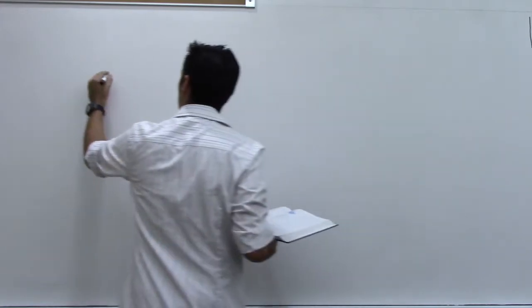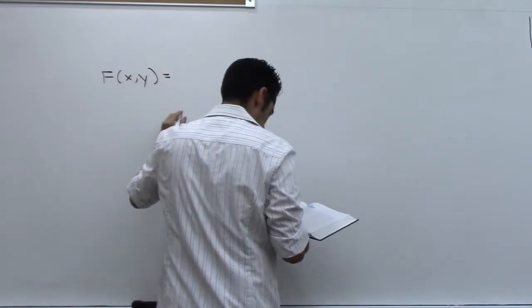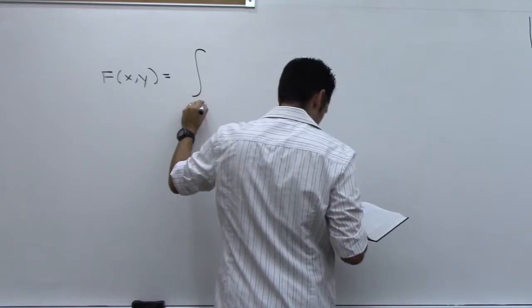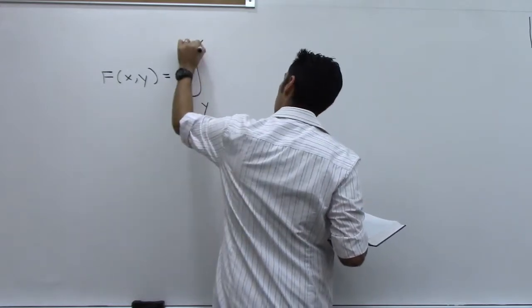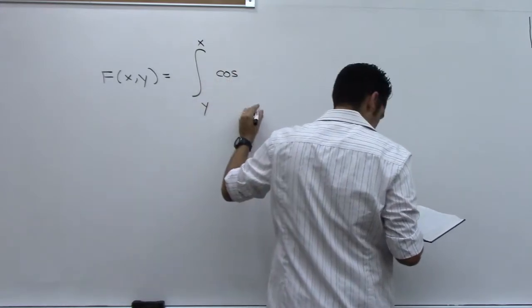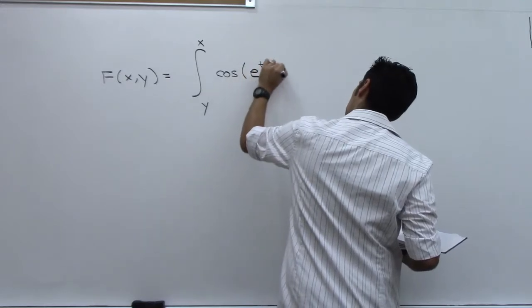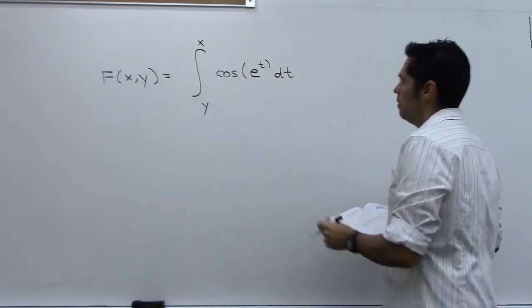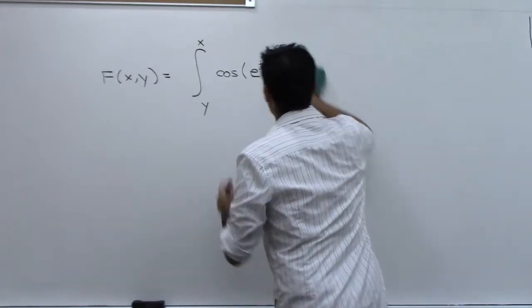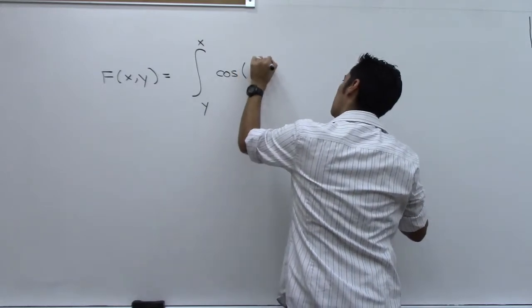We have capital F of xy is equal to the integral from y to x of cosine of e to the t dt. All right, oops, that's not good notation. e to the t dt.